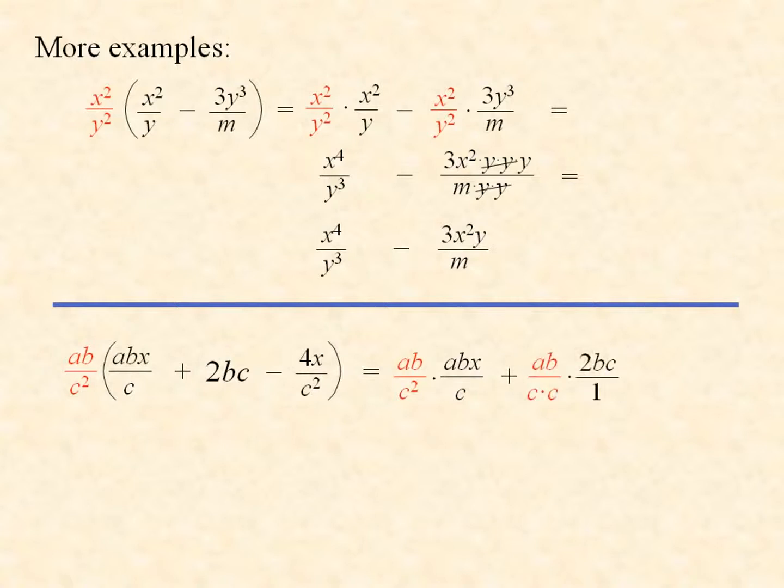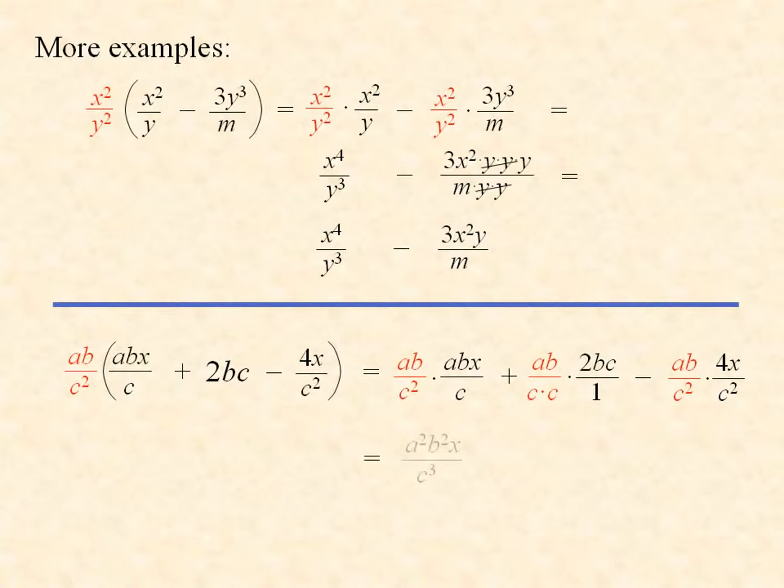For the second term, we have ab over c squared, which here is written as c times c, times 2bc over 1. Why do you suppose we wrote it as c times c in the denominator there? To cancel one of the c's. That's why we did that. And then for the third term, we have ab over c squared times 4x over c squared.